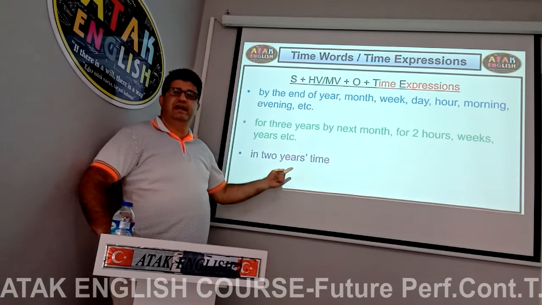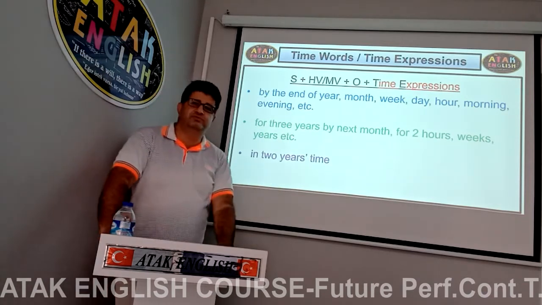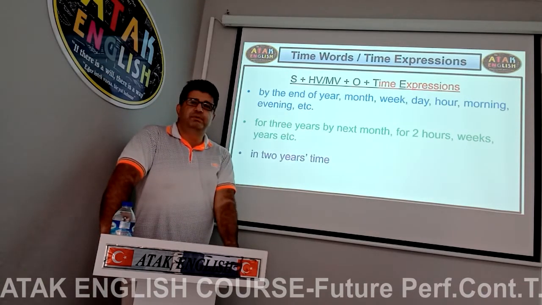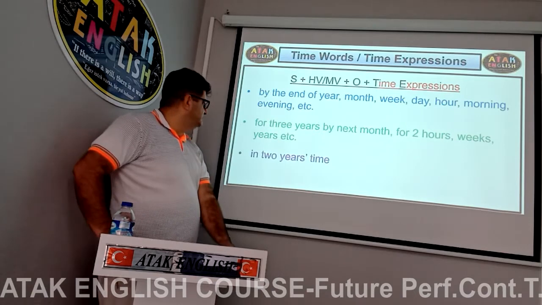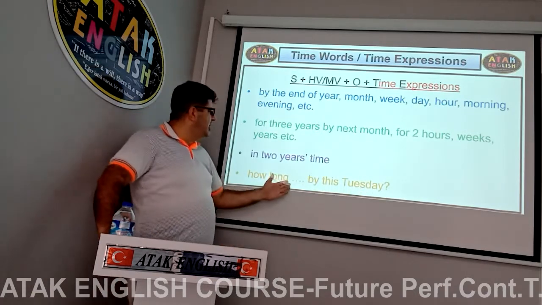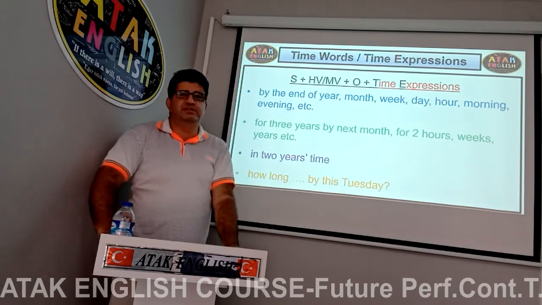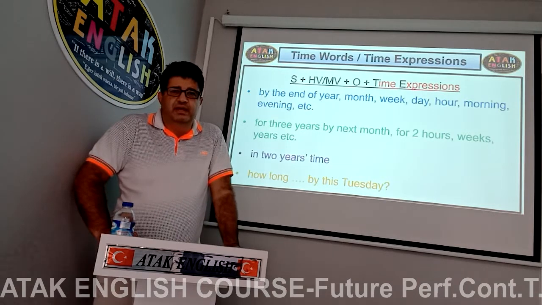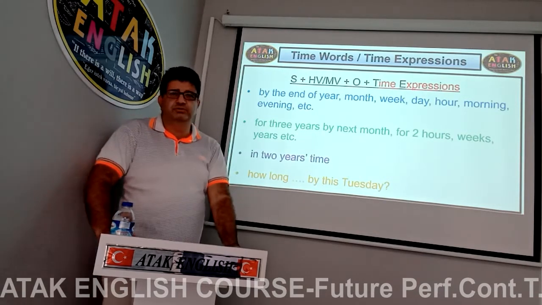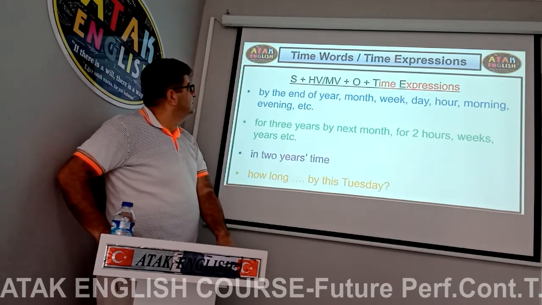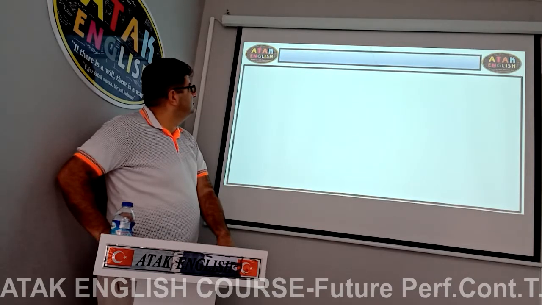In 2 days' time, 2 weeks' time, I can also use for future perfect continuous tense time expression. How long, by this Tuesday is also possible to use for future perfect continuous as time expression.